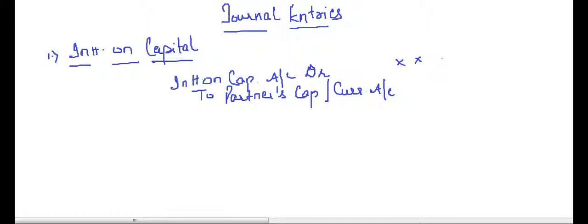Why? Because the firm has to pay this amount to the partners. So the partners are their creditors. It is a liability for the partnership firm. So we will credit this to partners' capital or current account.